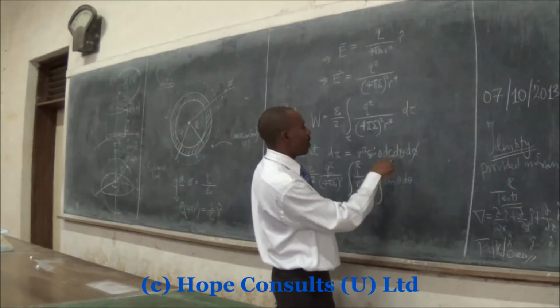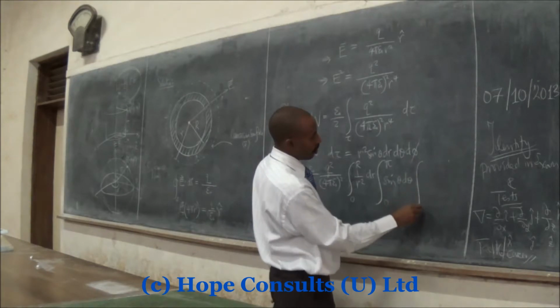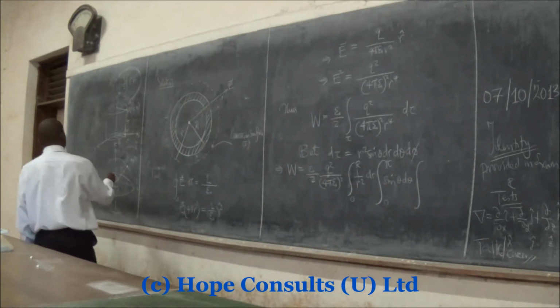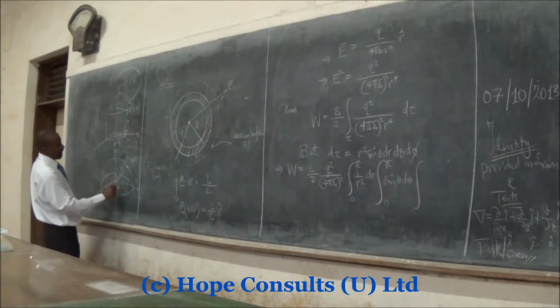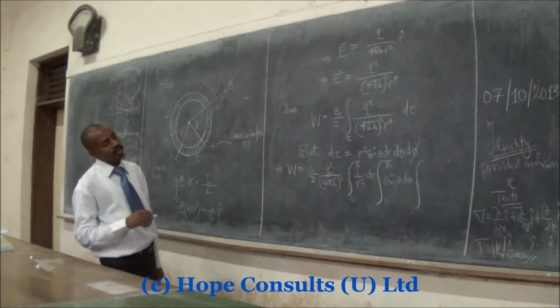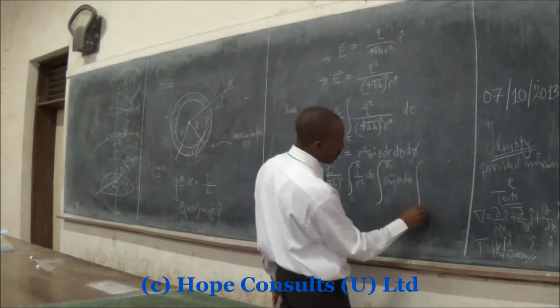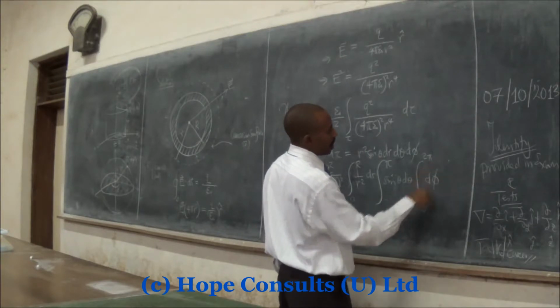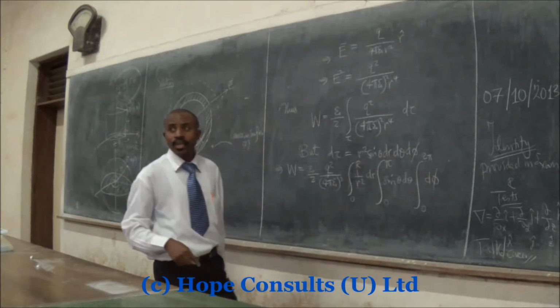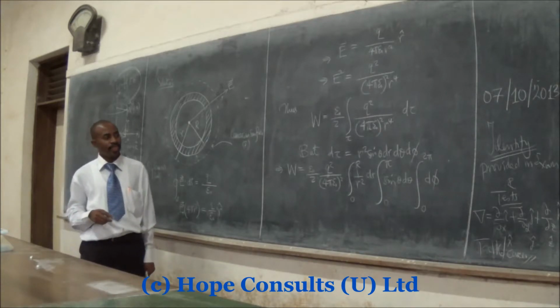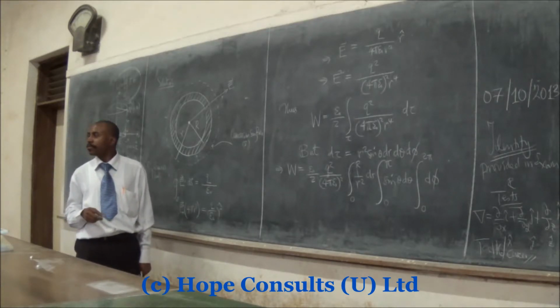And then we are left with our integral along the coronal plane, where you complete your angle phi. So angle phi goes from 0 to 2 pi, d phi. You don't have any variation in phi as per our expression.